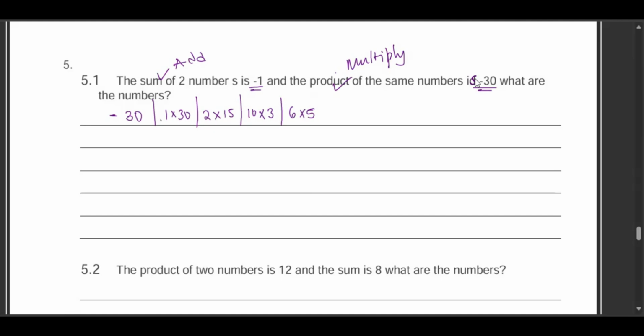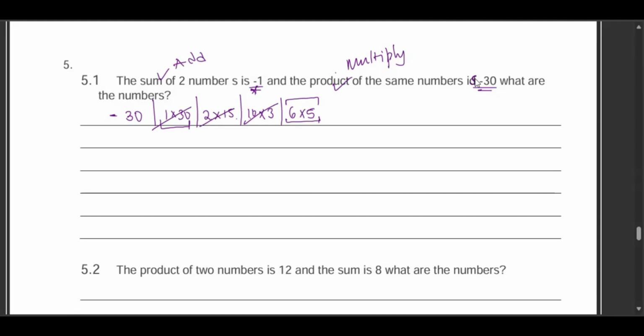Definitely when I add 1 and 30, this can't. So this one goes. 2 and 15, this one is out. 10 and 3, this is out. But the possible answer could be here. Why? There's a relationship a little bit. But now I need a -1. When I add them, I get a -1.